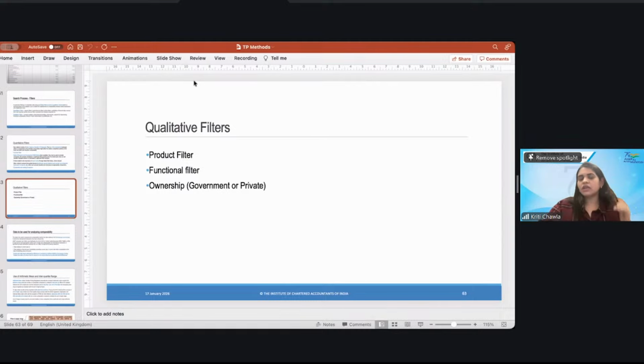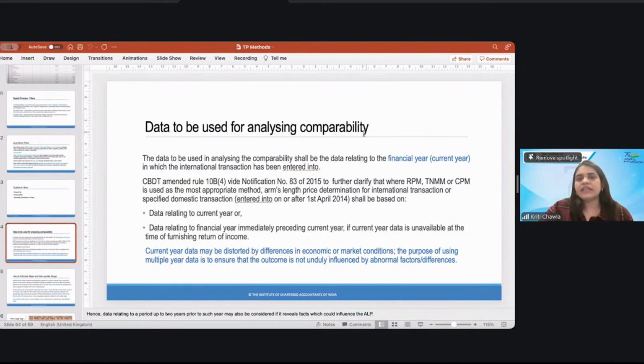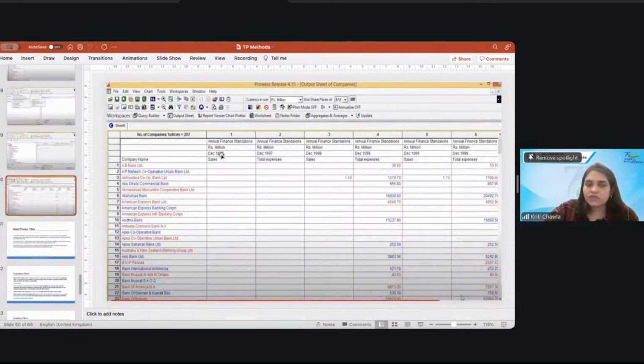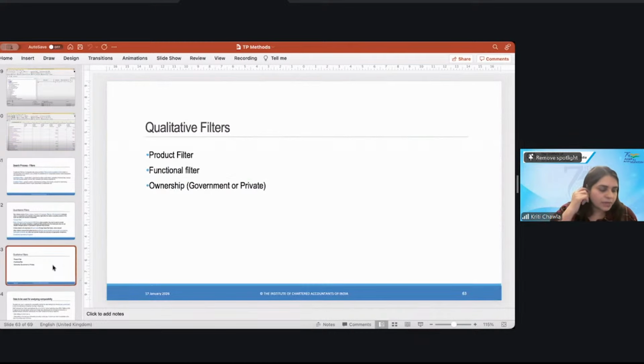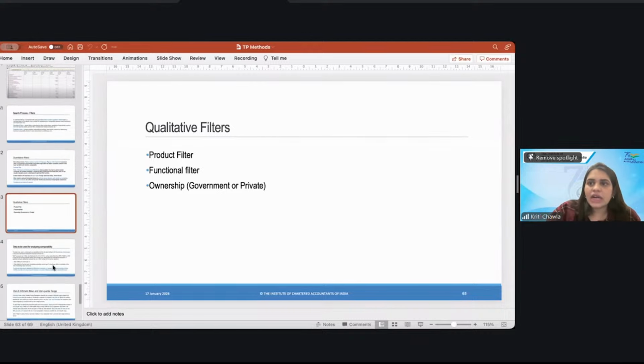Okay, thank you. So now for these 12 companies, the next thing is the data to be used for analyzing comparability. Now, if you have noticed, we used 3 years of data. If you see here, there was year 1, then year 2, and then year 3. So even for those particular 12 companies, we have the net operating margin.